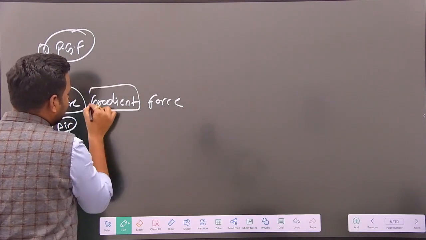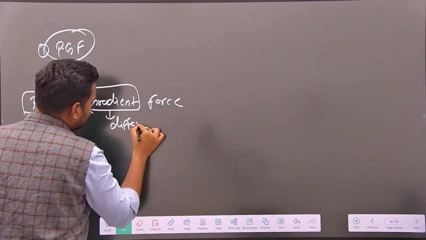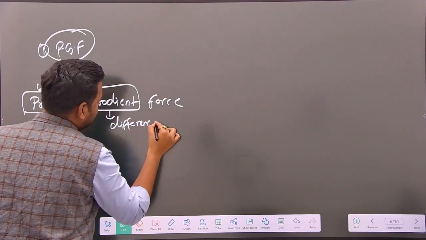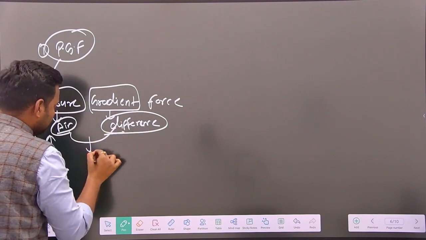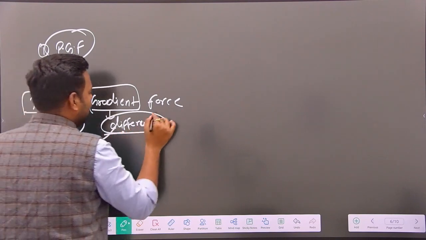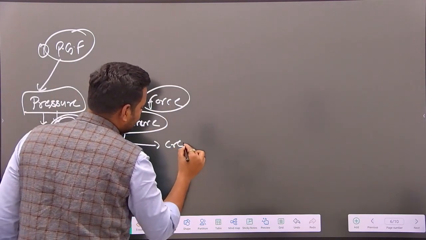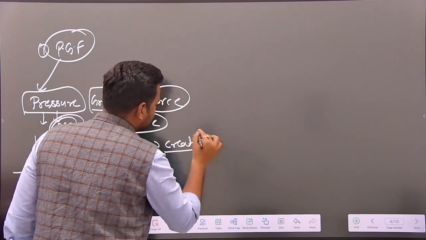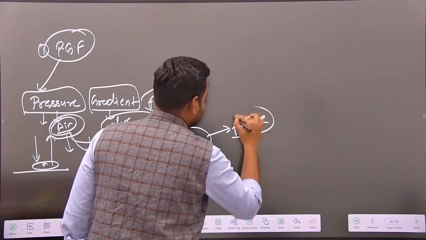And here is a gradient. What does gradient mean? Gradient means difference, difference in the air pressure, and this difference creates force.